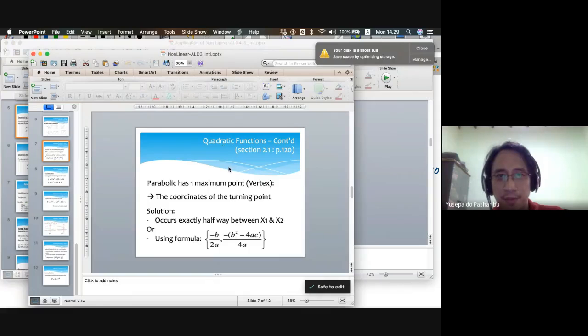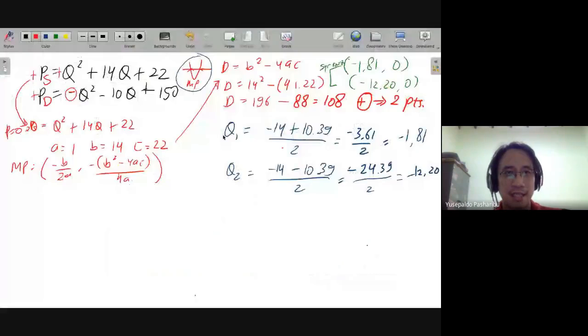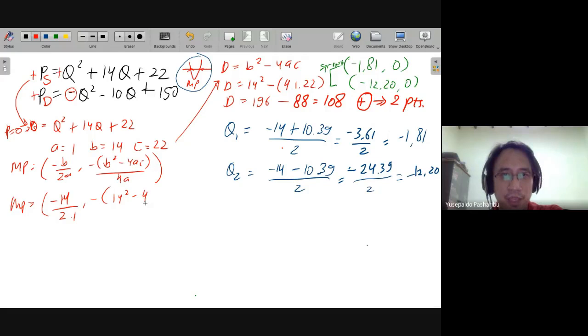Because for the vertex it is minus b divided by 2a, and minus b squared minus 4ac. Okay, yeah, this is right. And then try to calculate it. Minus b, minus 14 divided by 2 times 1, comma, minus 14 squared minus 4 times 1 times c, divided by 4 times a.